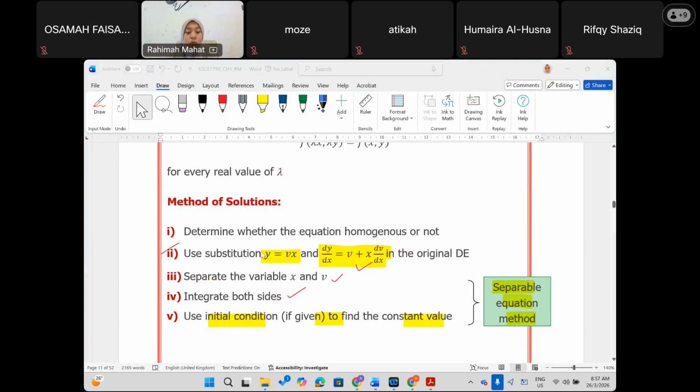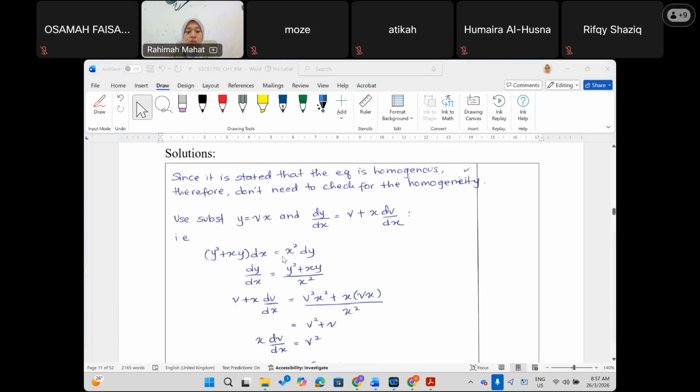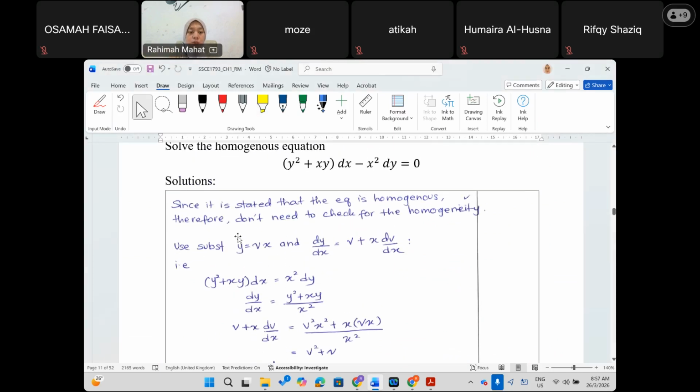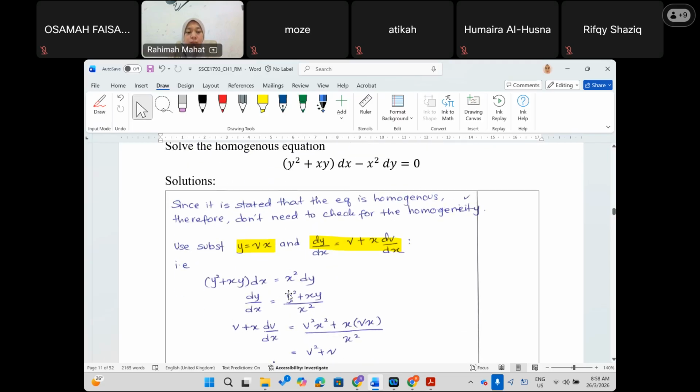After the homogeneous, you do the substitution. This is from the notes given to you. Your y is equal to Vx and you can get your dy over dx. Then you move this one to the other side, so you can get this form into this form.